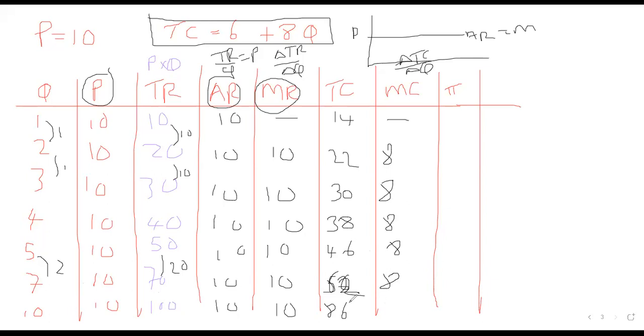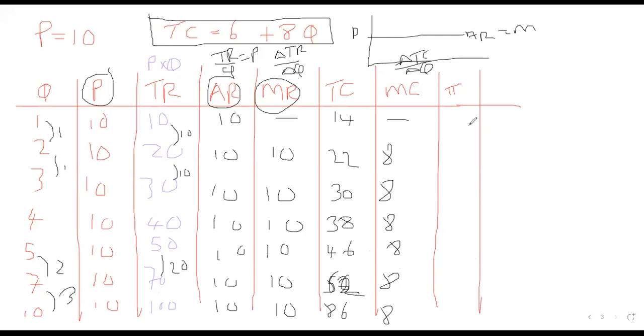Then 86 minus 62 is 24. 24 divided by 3 is 8. That's 8, correct.